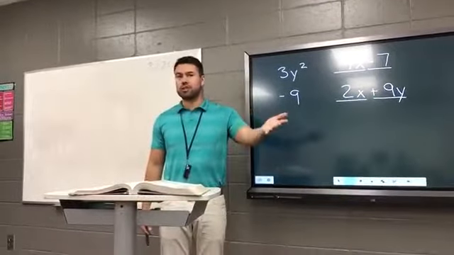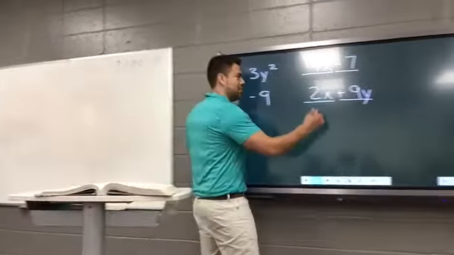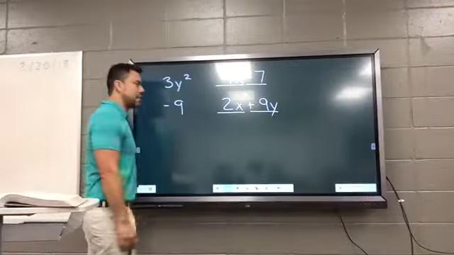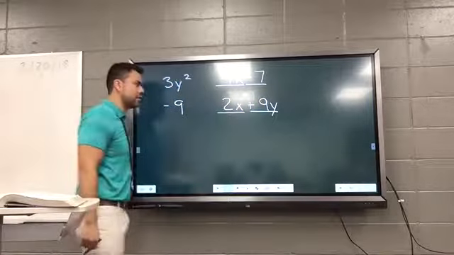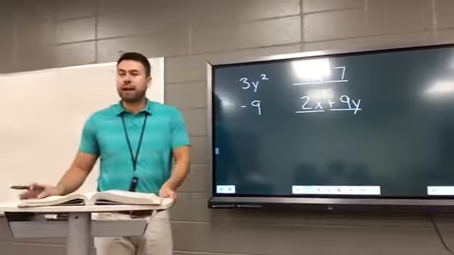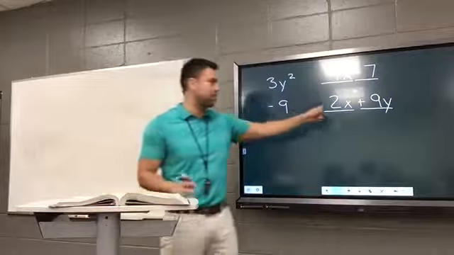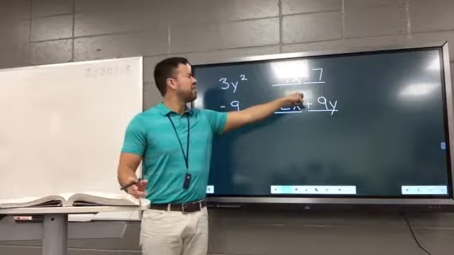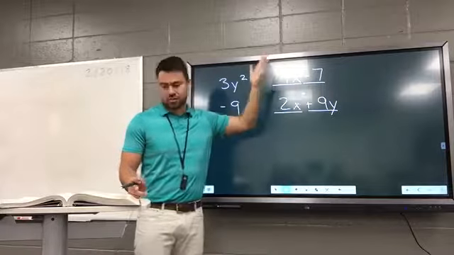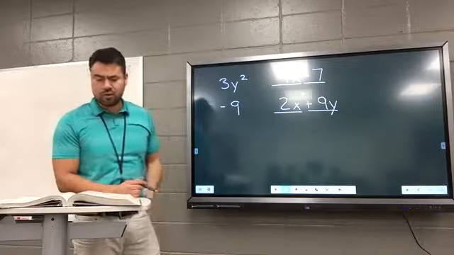What operation? Addition. They're being added together. Yes, they're being added together, however you want to see it. Why is it called a binomial? Because how many monomials are up here? 2 of them. And what's going on between them? Someone say it? Addition.